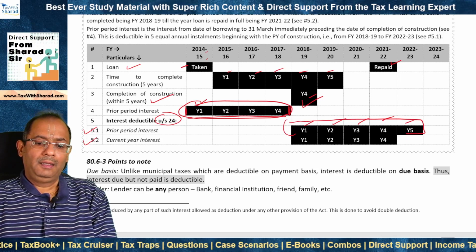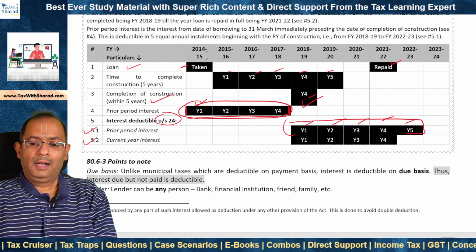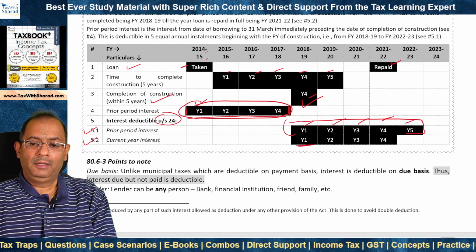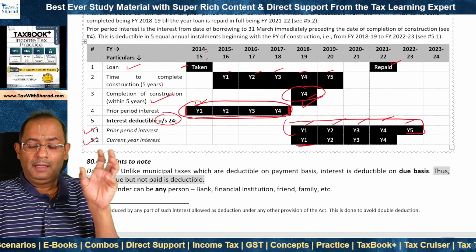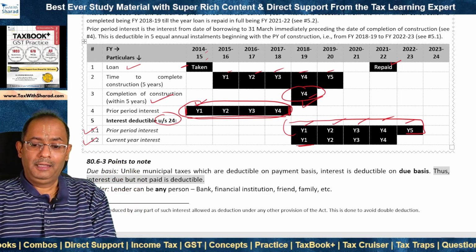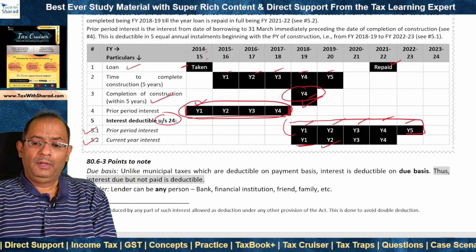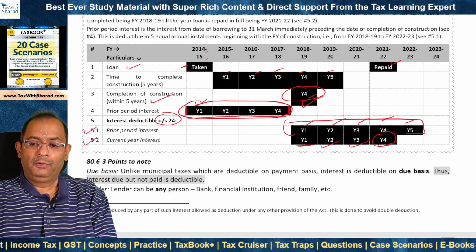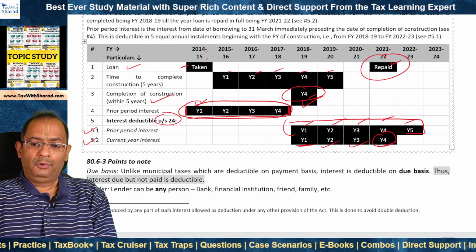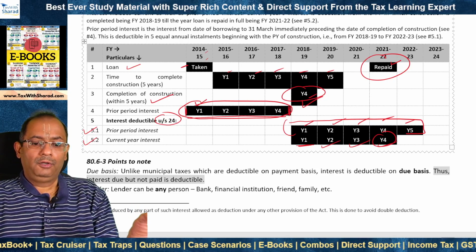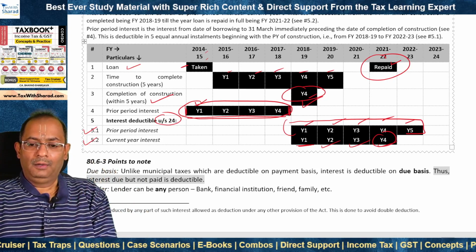As far as the current year's interest is concerned, you will start computing it from year 1, that is 2018-19, the year in which construction gets completed. That means income starts getting charged under the head IHP, and accordingly you will continue to pay interest till 21-22 because the loan gets repaid in this year. So from 2018-19 to 21-22, current year's interest will be allowed as deduction.